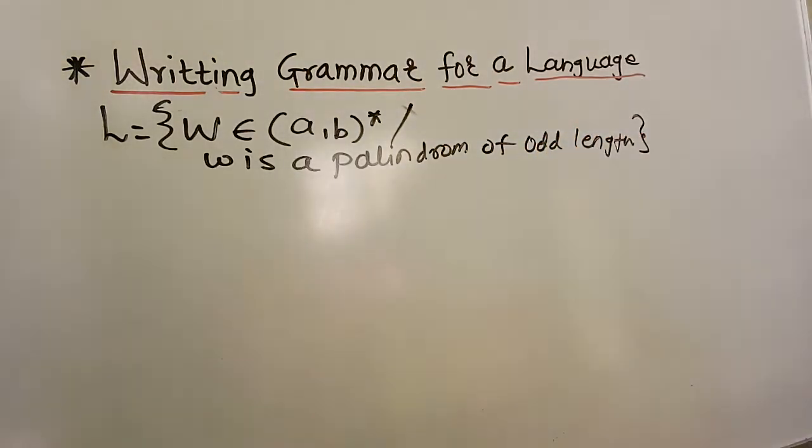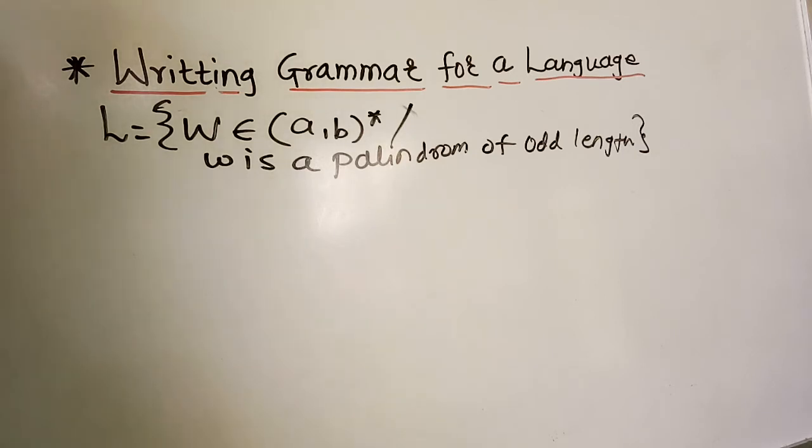What is a palindrome? When we reverse any string, that string appears as it is, like the previous one. And this is nothing but a palindrome over the set A and B.